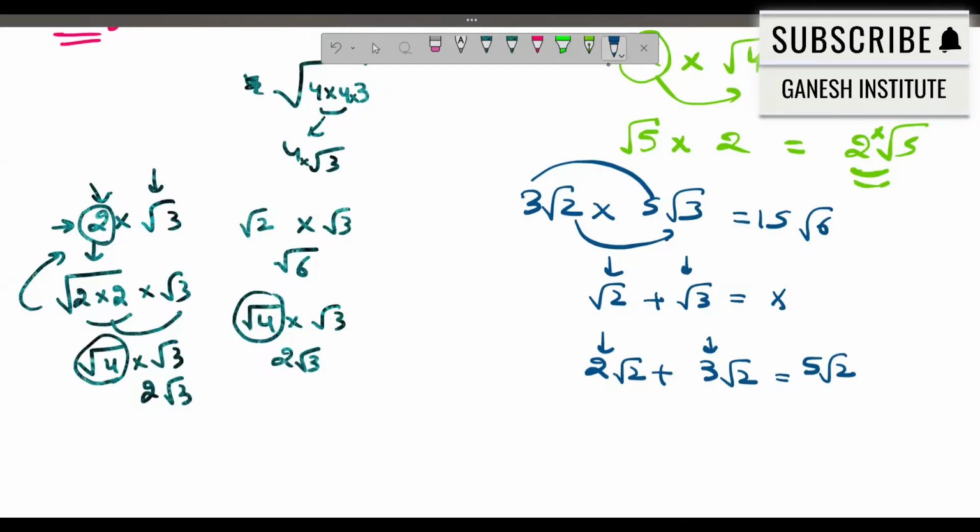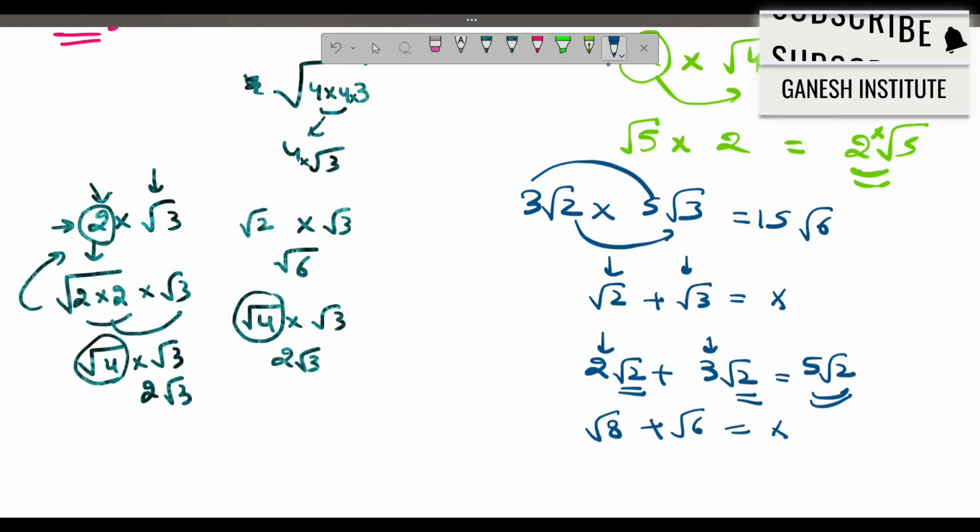Consider root values as if they are some variable. So if you have 2x plus 3x, it is 5x, right? So similarly, you keep the root thing the same and add the coefficients if they are like. And let's say I have root 8 and root 6. You cannot solve them further. This is the final answer.